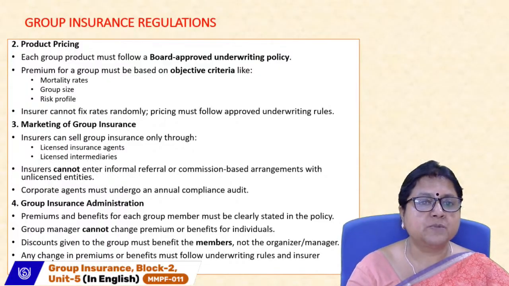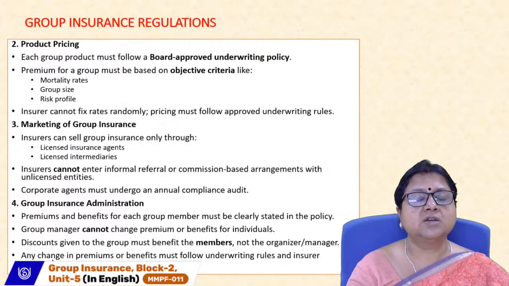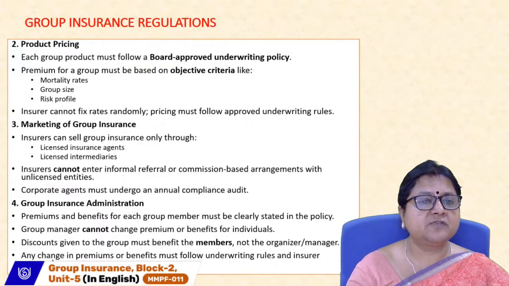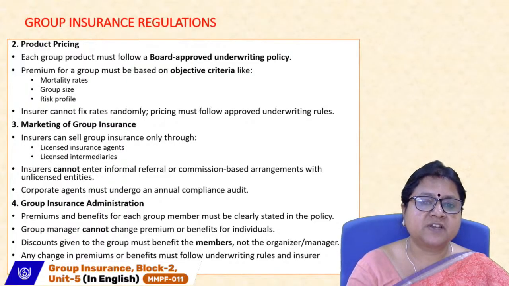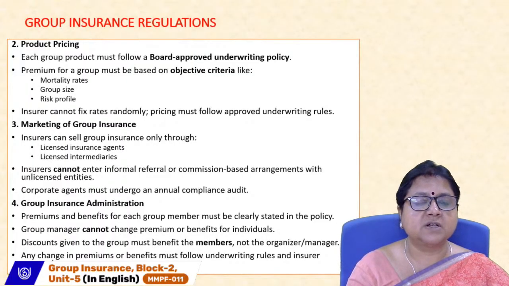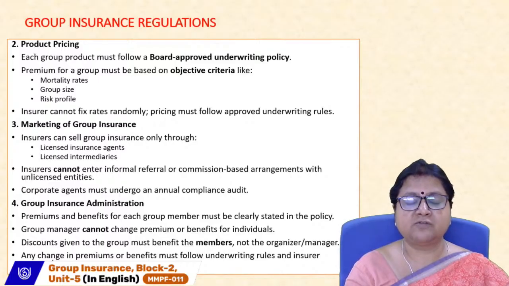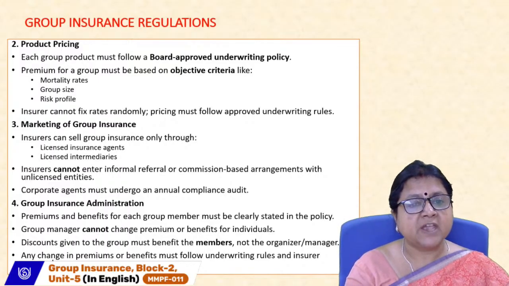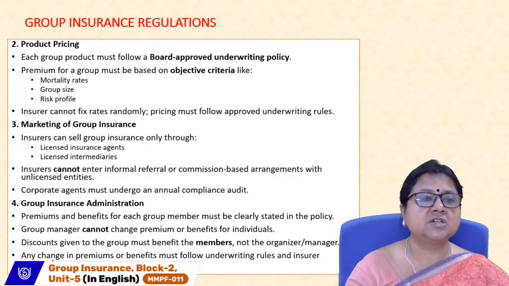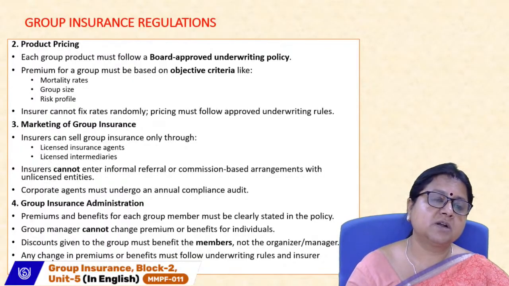So premium for a group must be based on objective factors like mortality rates, the group size and the risk profile. Insurer cannot fix the rates randomly. Pricing must follow approved underwriting rules. As we had already discussed, in case a group has around 50 to 100 members, every year you will see the ages of the persons changing.